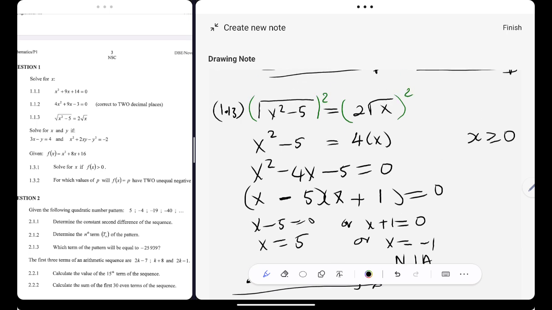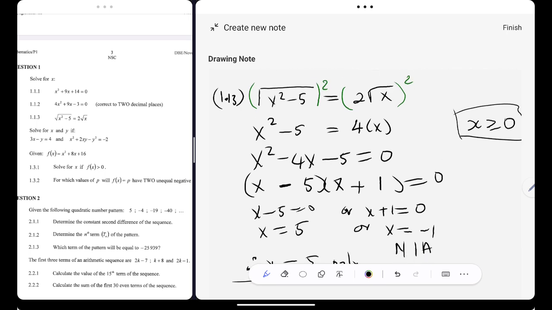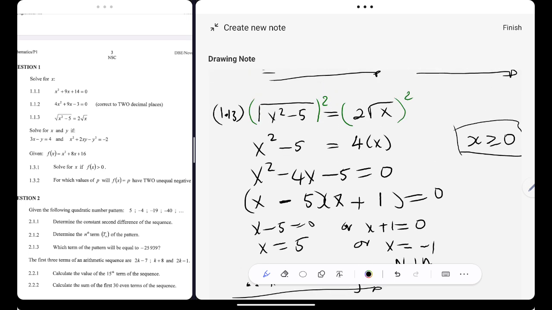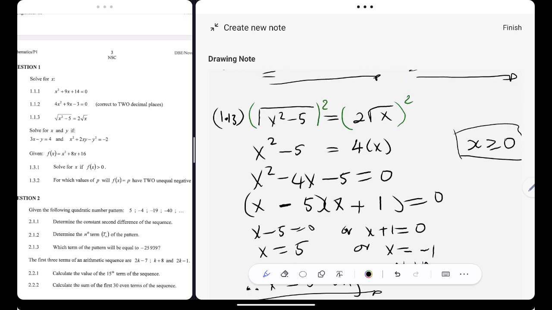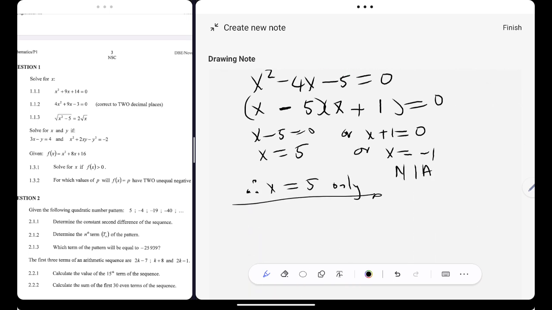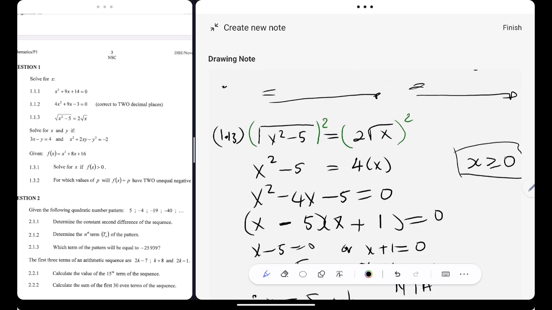If you don't want to write your restriction like I did here, all you need to do is to make sure that you substitute your solutions, this solution there at the top. Whenever I do that, if the left hand side is not equal to the right hand side, then that solution does not stand.